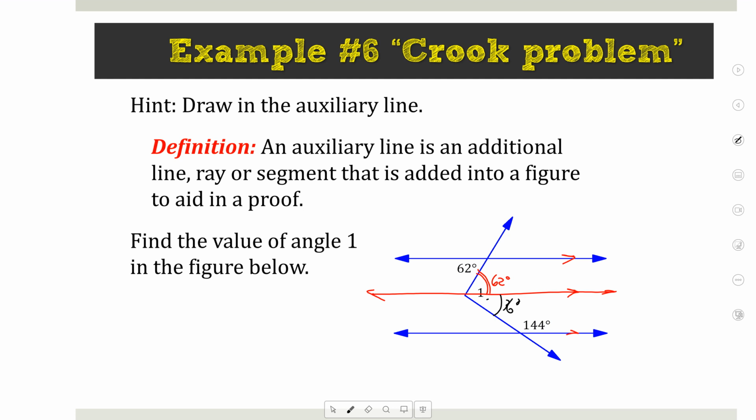Which of the pairs? If you add them together, you get 180. Which pair are they? Same side interior. Perfect. Same side interior angles. Okay, so therefore, how big is angle 1? Angle 1 is 62 plus 36, which is 98 degrees. Done.